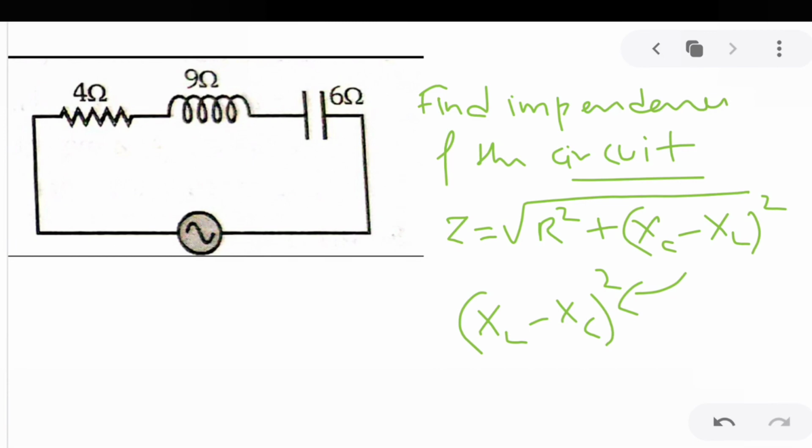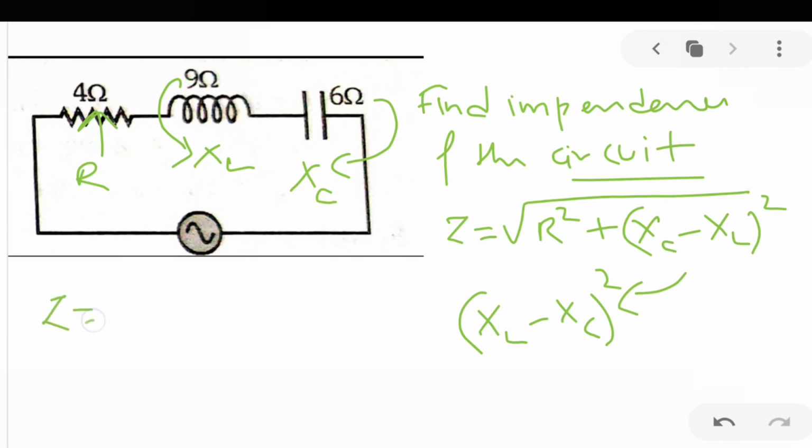Here this quantity, 4 ohm, is the resistance R. The 9 ohm is the inductive reactance of the inductor, so this is XL. And this 6 ohm is the capacitive reactance of the capacitor, XC. So simply substitute the values.